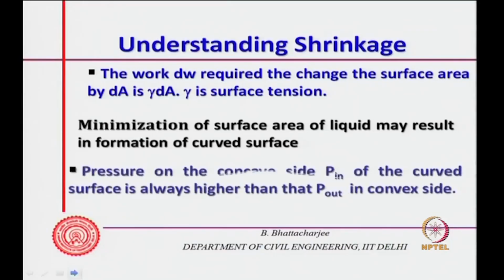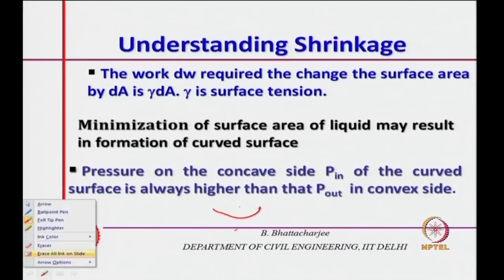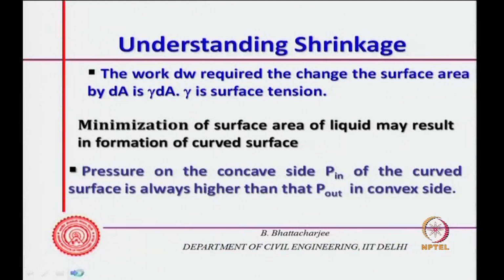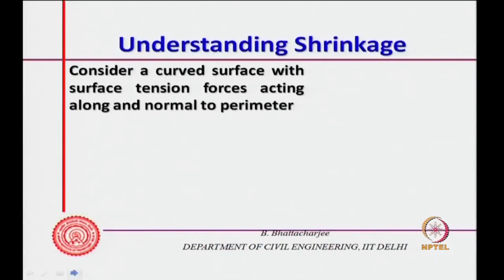So, meniscus and so on. Usually the pressure on the concave side of the curve is always higher than that on the convex side, because molecules will try to pull each other in a given way.